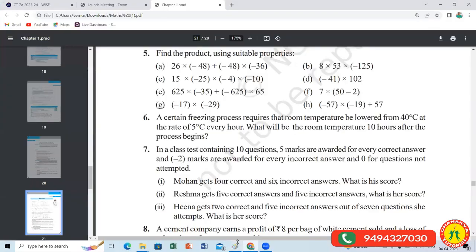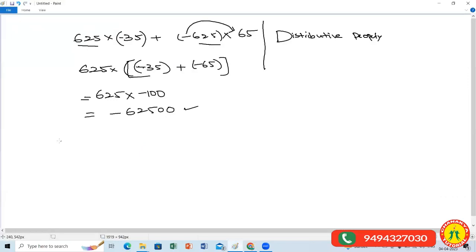Now Anubhav is there. Yes, ma'am. Anubhav, which property can we use for F bit? Ma'am, commutative property. F bit: 7 into 15 minus 2.